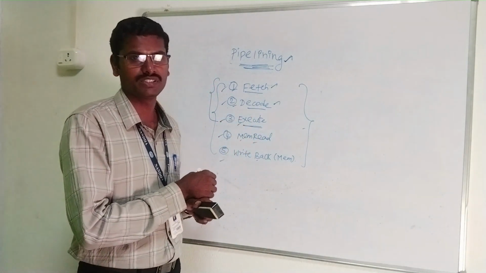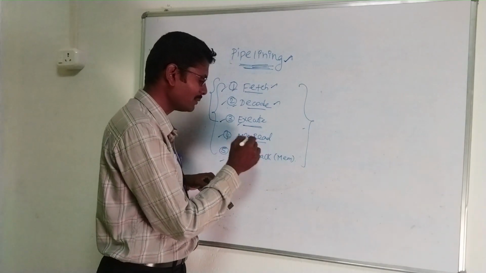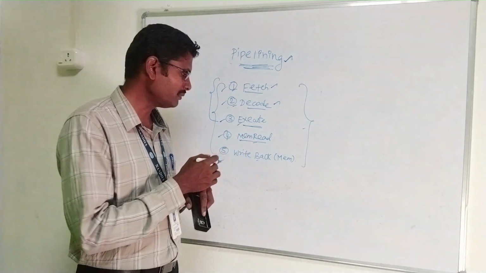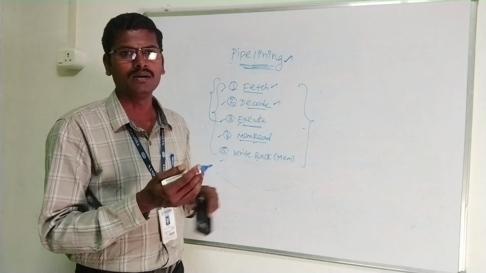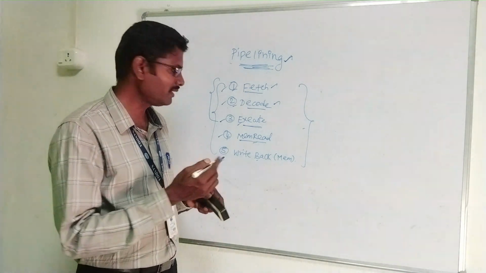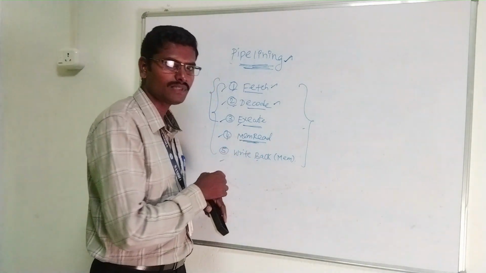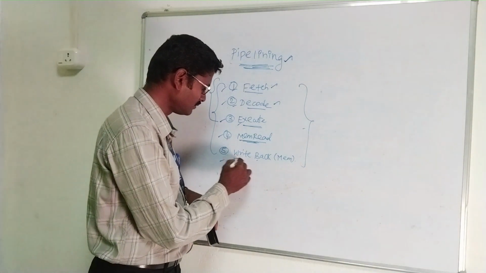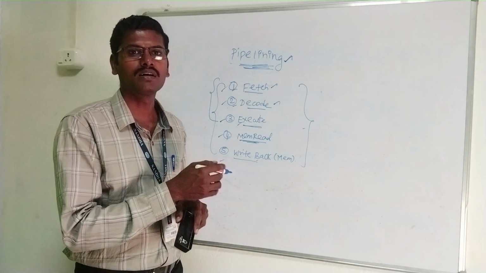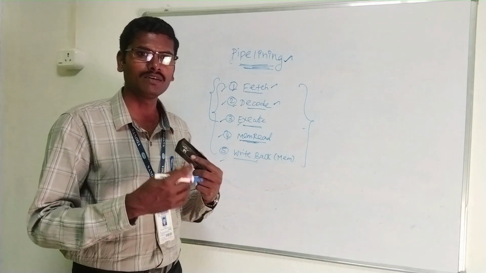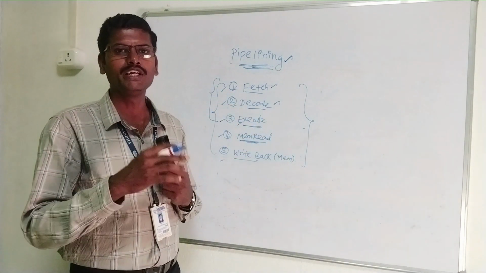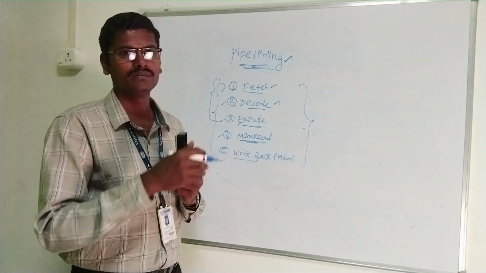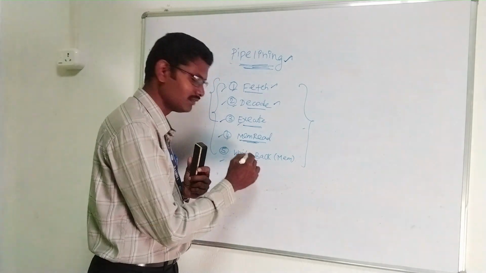The fourth stage is memory read, where memory read or branching instructions will be performed. And the fifth stage is memory write or write back, where some data needs to be written and stored in the memory. That will be performed in this fifth stage.